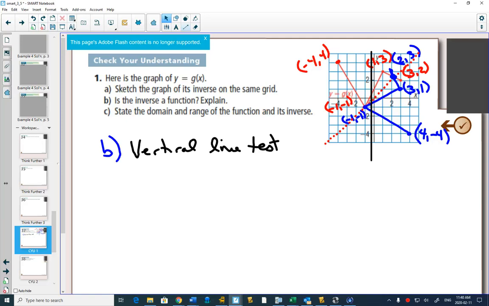So we can say, okay, sketch the inverse. The inverse is not a function.